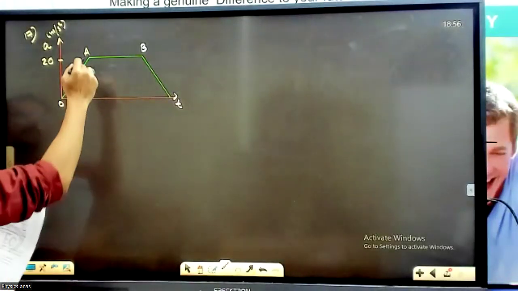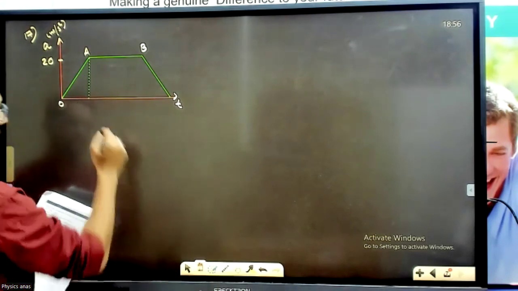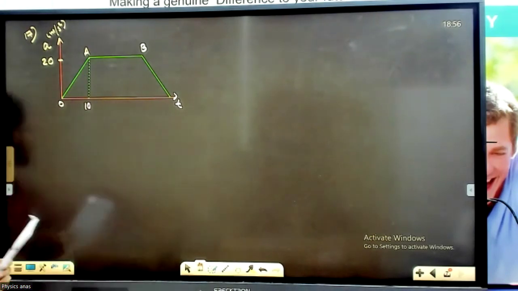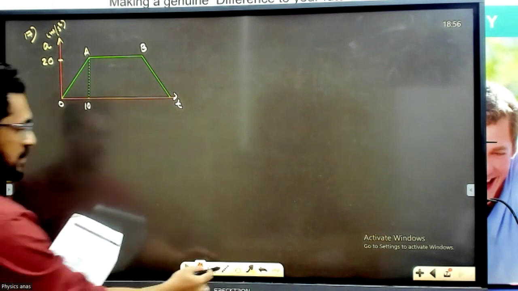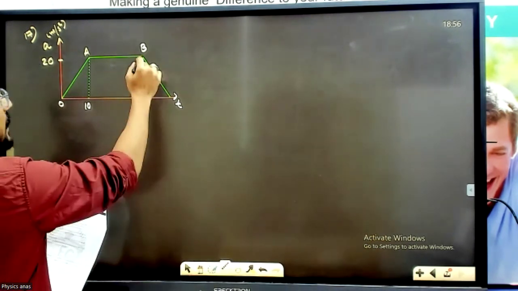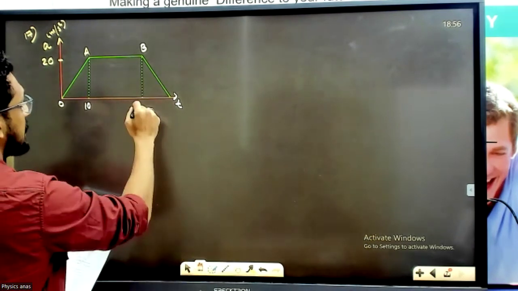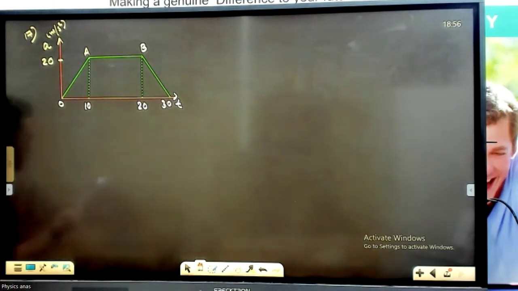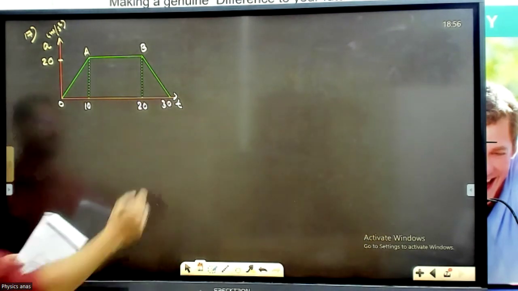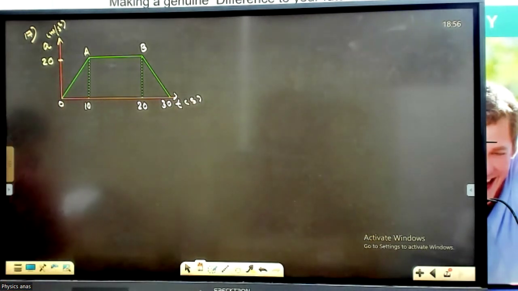A is equal to 10 seconds, or A can be projected to 10 seconds. Like that, B can be projected to 20 seconds. And there is 30 seconds also. Time is in seconds.